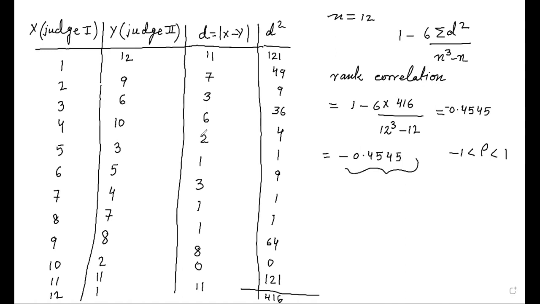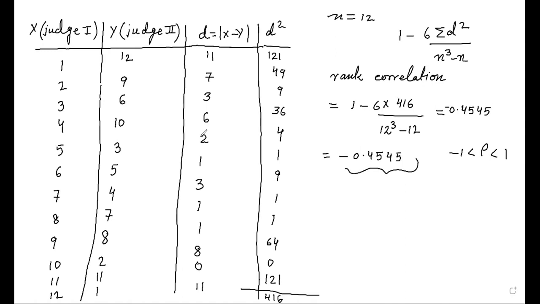So in a particular problem, by finding the rank correlation, we can find how the two variables, or the two qualitative ranks, are correlated to each other. If we get a positive value, then there is a better correlation between the qualitative ranks.